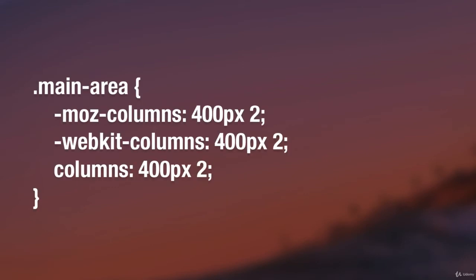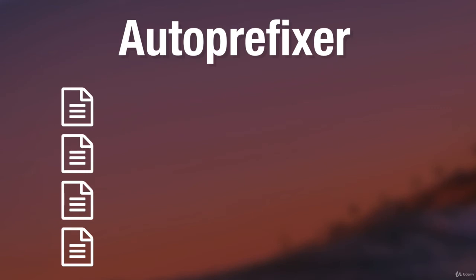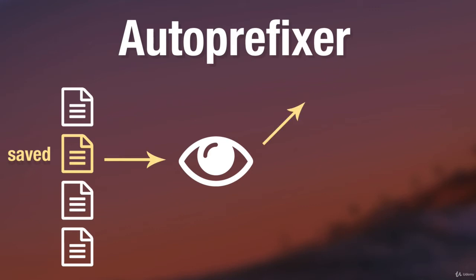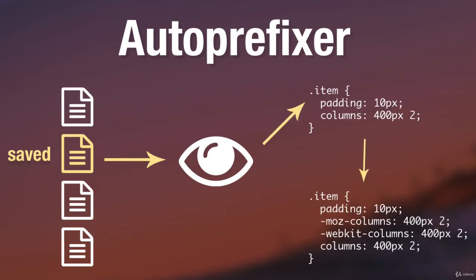Now, instead of wasting the time of typing out all of these messy vendor prefix names, or even wasting the time of trying to memorize which properties need prefixes and which don't, we can set up our computer to watch for any saved changes to a CSS file, and then it will automatically trigger a filter to run on our CSS files, and the computer is intelligent enough to know which properties need to be prefixed, and it will automatically add those prefixes to our CSS.